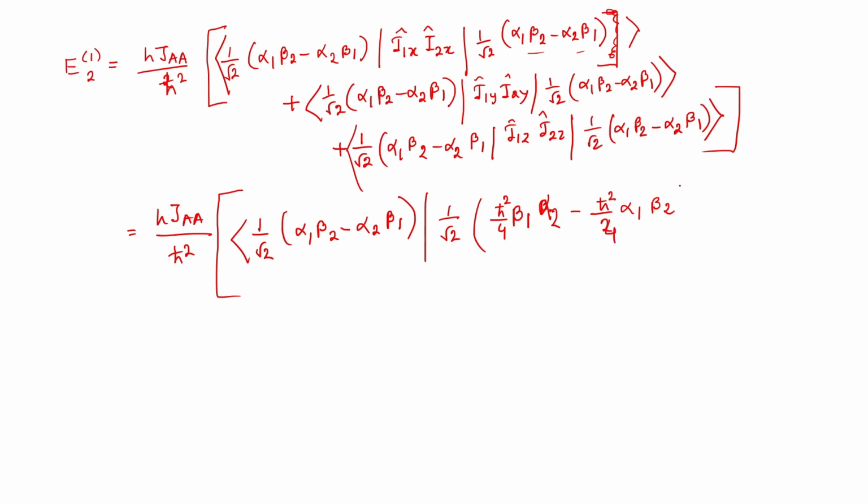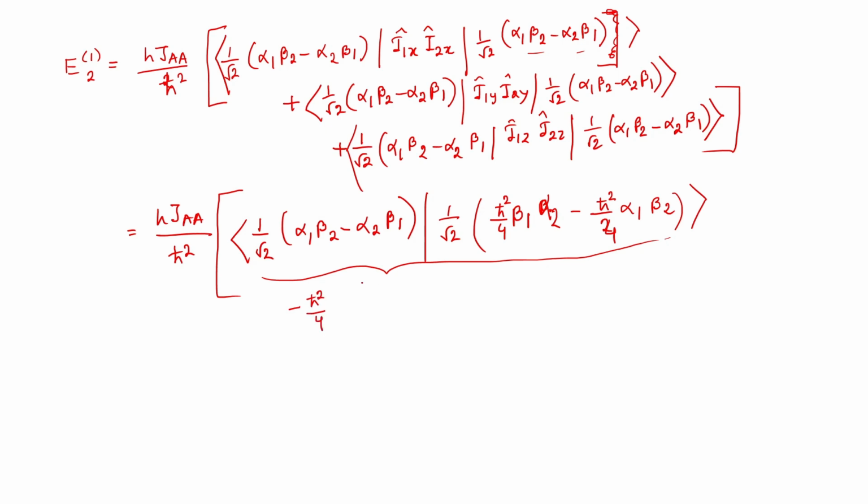Here there is no change in the thing, and here what you are going to get eventually is actually, I'll write it here, outside the thing you are going to get minus h square by 4.